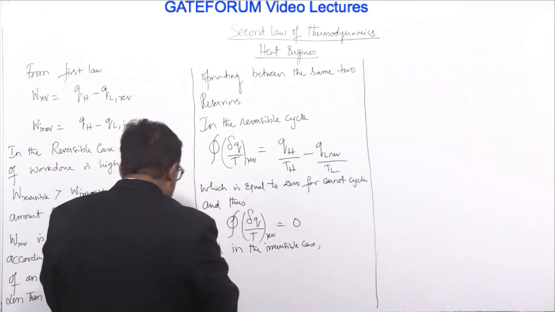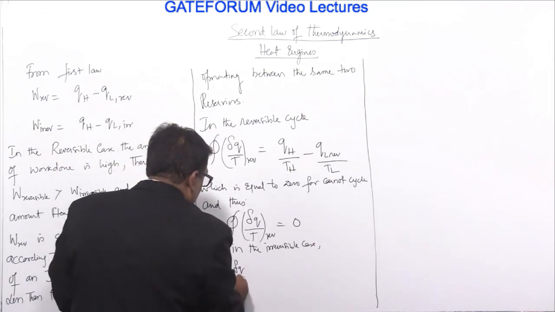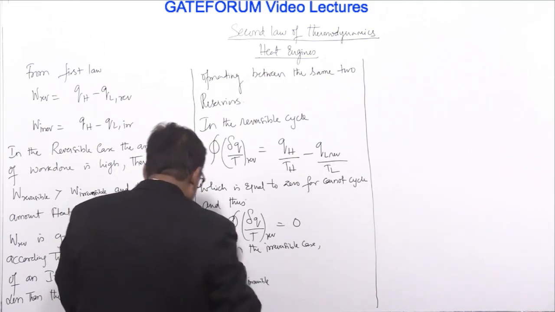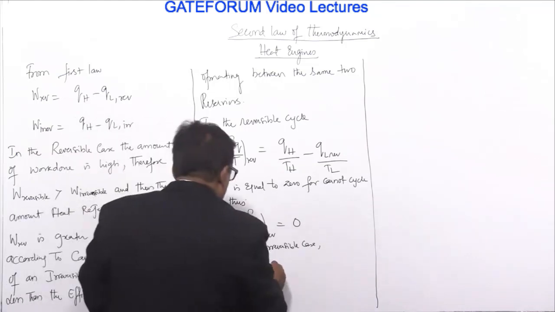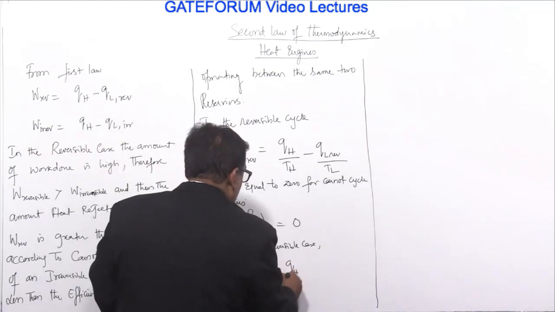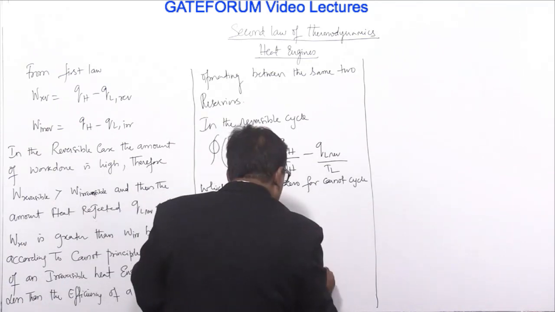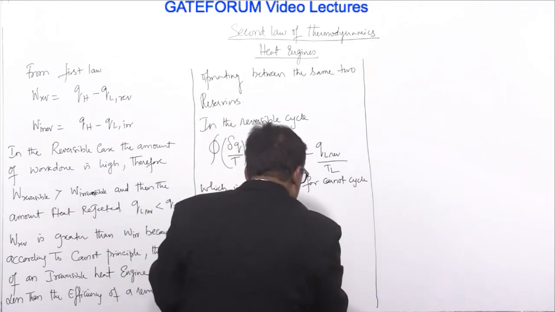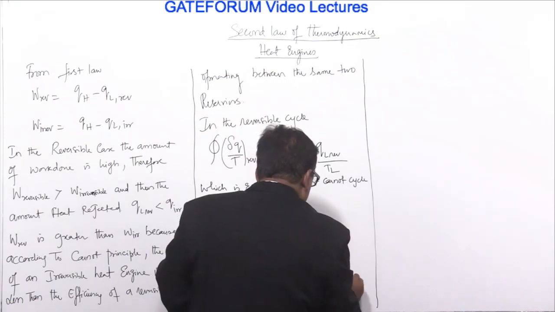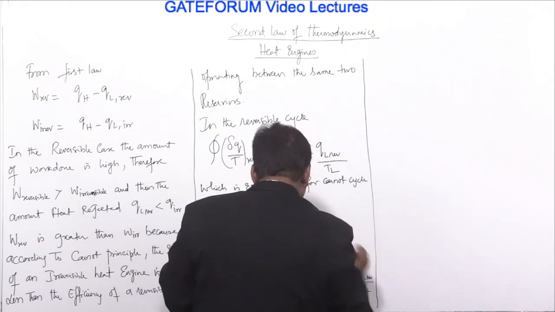Cyclic dq by T irreversible is equal to QH by TH minus QL irreversible by TL, which will be less than QH by TH minus QL reversible by TL.